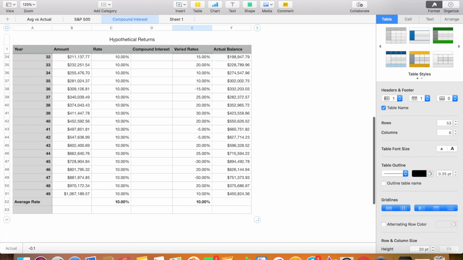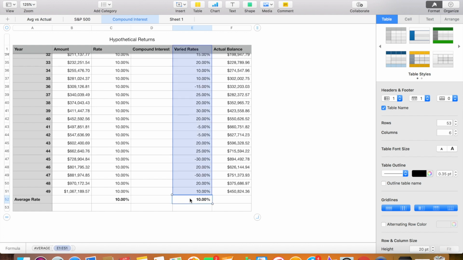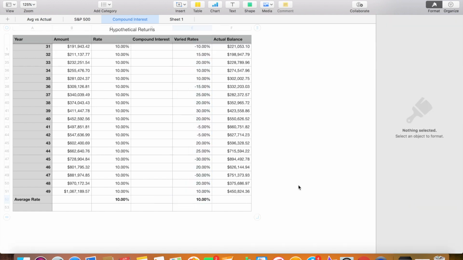Okay, so that average of 10% is still 10%. However, now it dropped even lower. You have $450,000. So it actually depends on the order of the returns that you get.